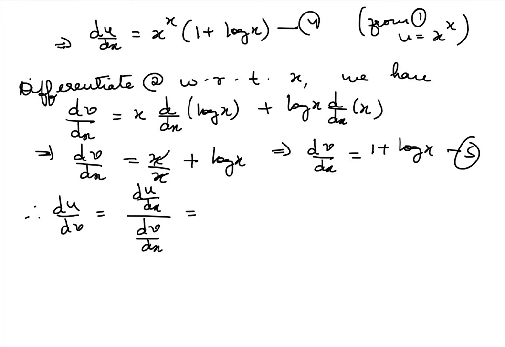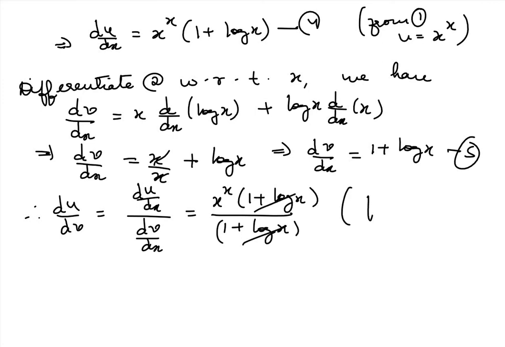And from equation 4, du dx is x to the power x into 1 plus log x, divided by dv dx, from equation 5, it is 1 plus log x. So this and this can be cancelled. So finally, the differentiation of x to the power x with respect to x log x is equal to x to the power x.